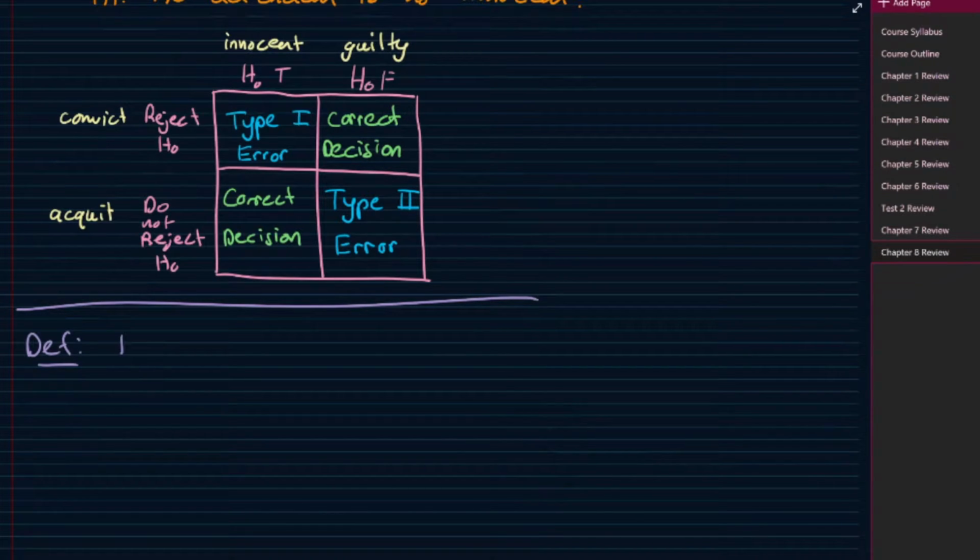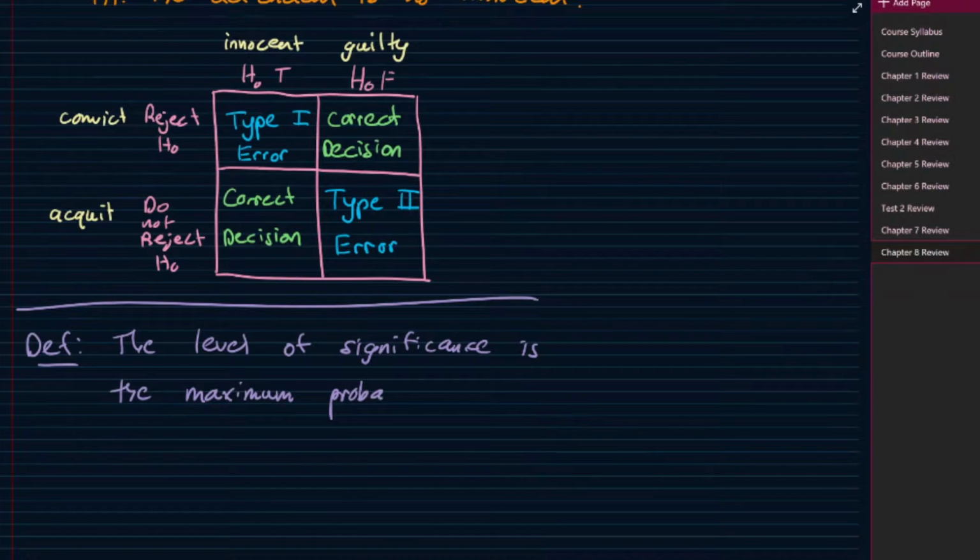Okay, so the level of significance is the maximum probability of committing a type 1 error.